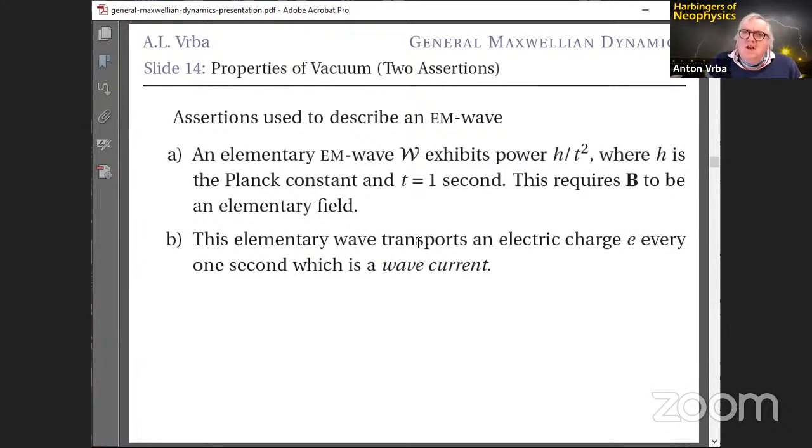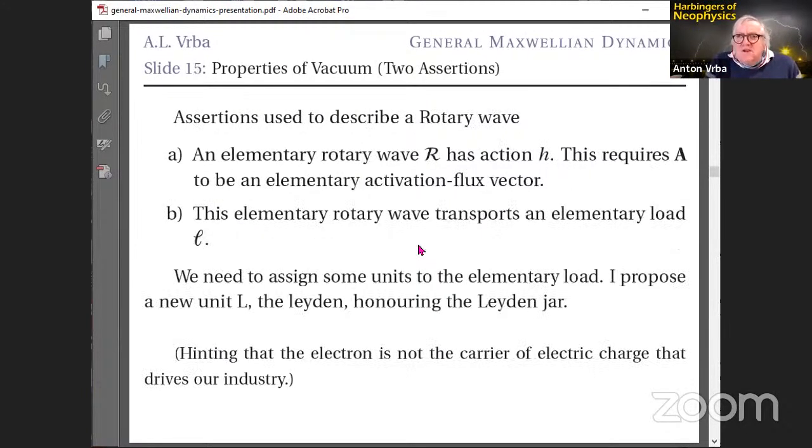This time I change my assertions, but they are very similar: an elementary rotary wave R has an action H. This requires A to be an elementary activation flux vector, and the elementary rotary wave transports an elementary load L. I used the script form of an L, so it looks very much like an E, but it is not the electric charge E. I call it the load.